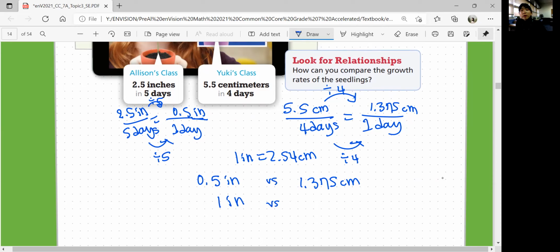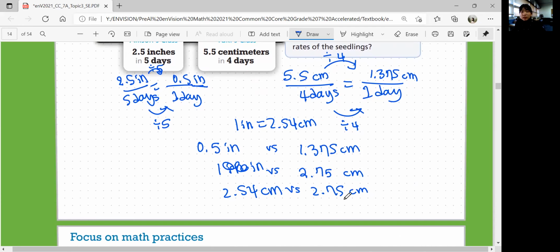So if this is 1 inch, what are we comparing with? You're multiplying by 2 for both numbers, and you get 2.75 centimeters. Wait, that's now in 1 inch, right? So 1 inch should be about 2.54 centimeters. So 2.54 centimeters versus 2.75 centimeters, which is greater?